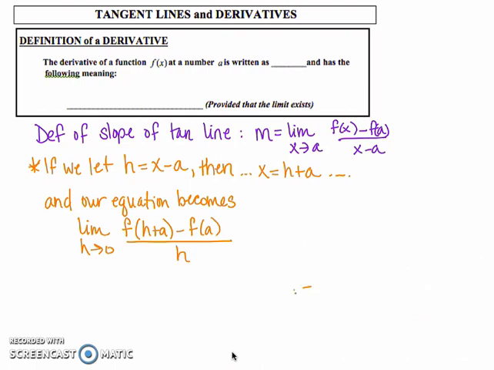And this equation that we just wrote is given a special name in mathematics, and it's called a derivative, or this limit, I should say, is called a derivative.